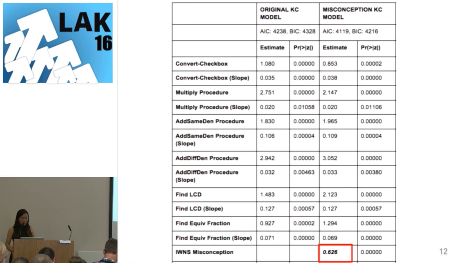And then in addition, you can see that the misconception KC, the coefficient estimate for that intercept, is quite positive and quite statistically significant, suggesting that there is, in fact, a strong presence of this misconception, as estimated by the model, in the data set.